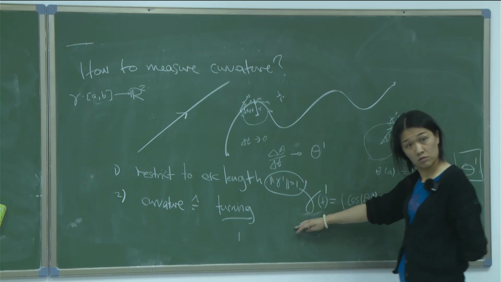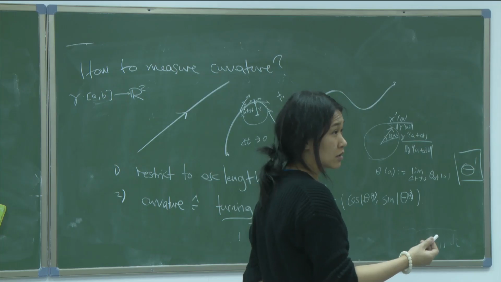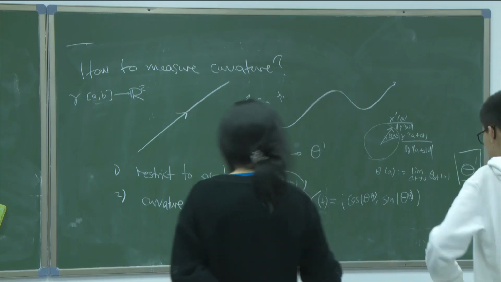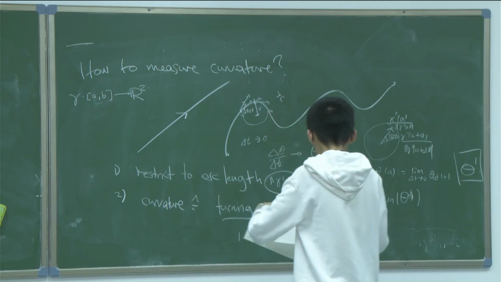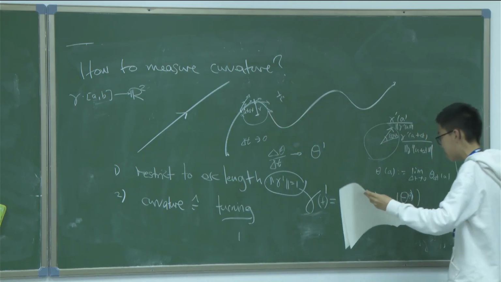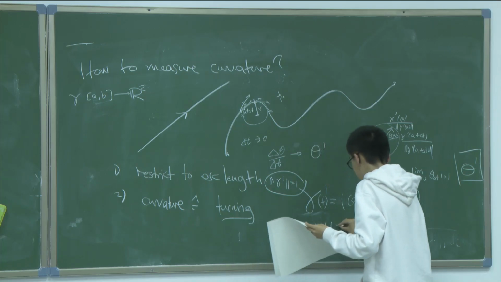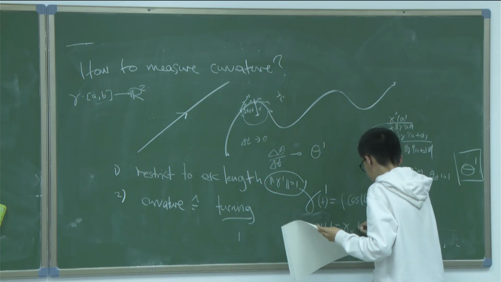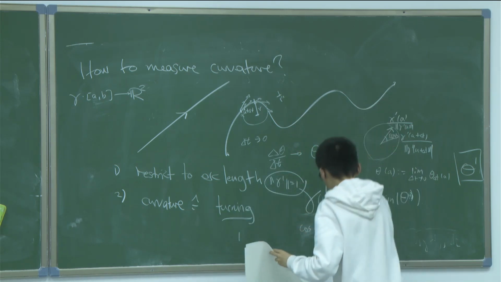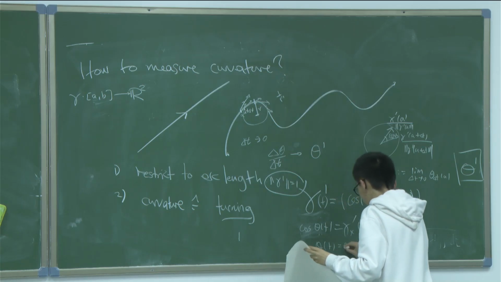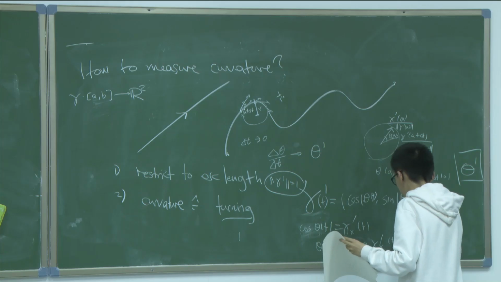I think it only depends on gamma x t. Yes, of course, but geometrically it would make sense not to distinguish between gamma x and gamma y. So cosine of theta t equals gamma x prime t, and so theta t equals arc sine of gamma x prime t.